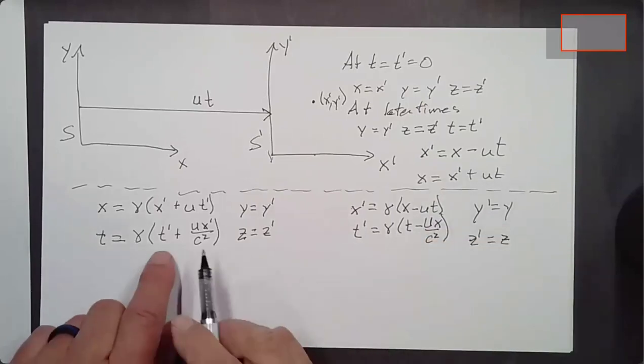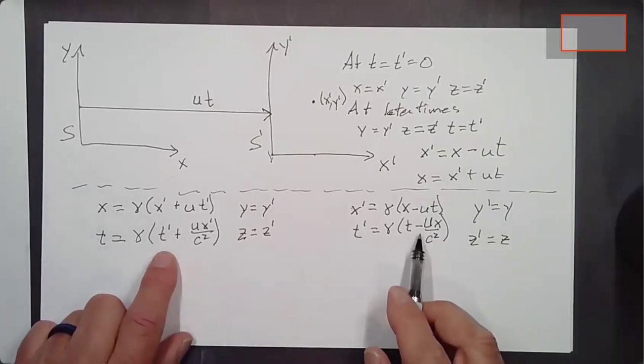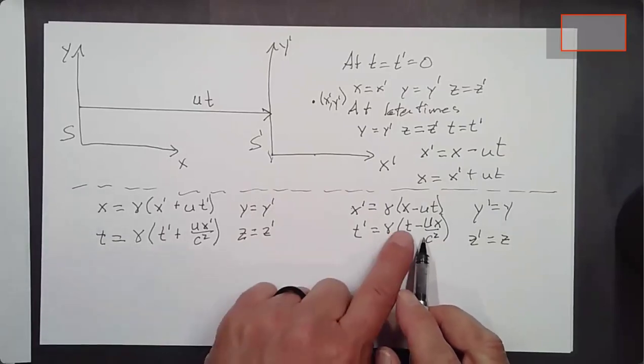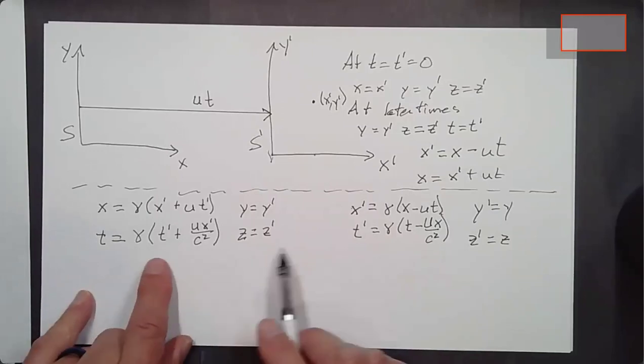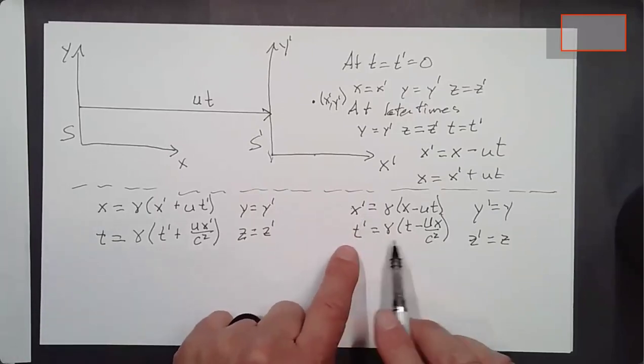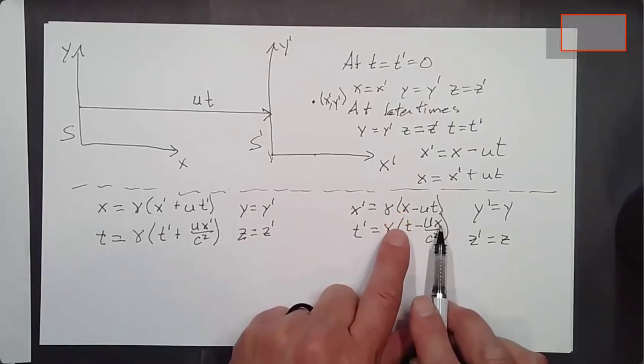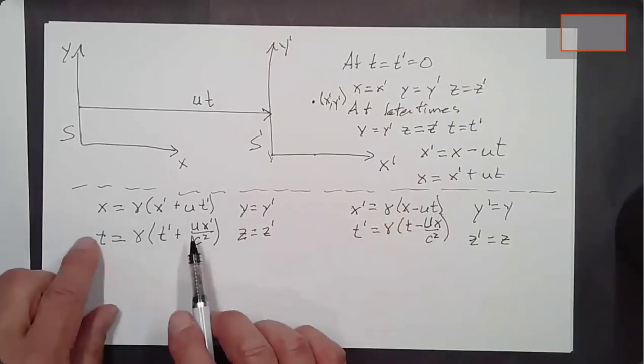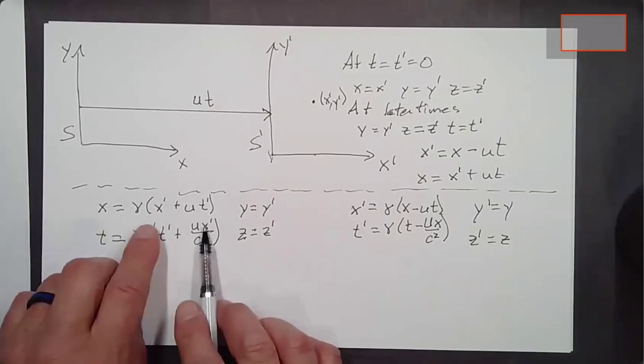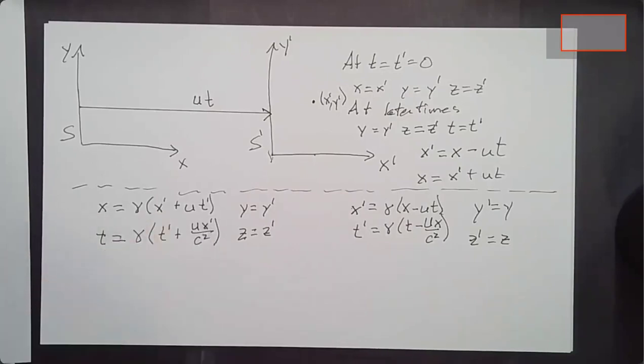So they look similar, but they've got their signs switched. And the primed things are both in terms of the unprimed things, the t and the x, and the unprimed things, x is in terms of x prime and t prime.